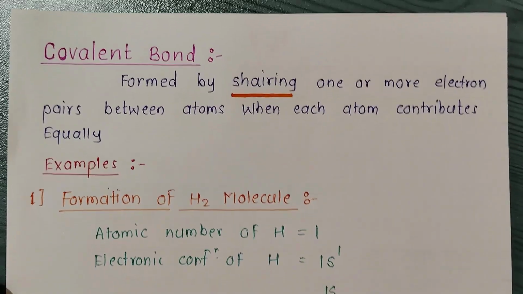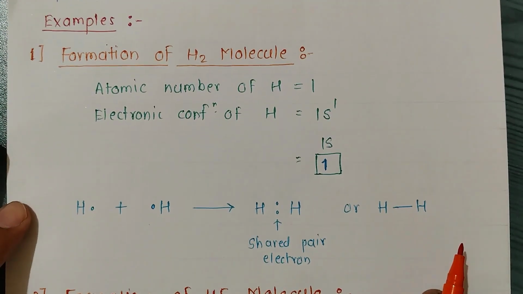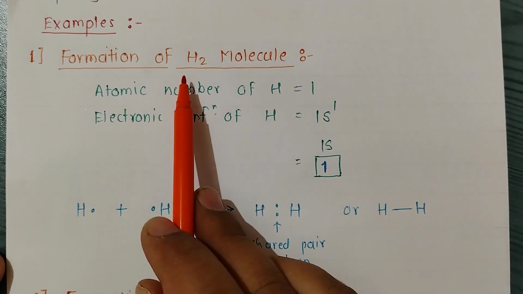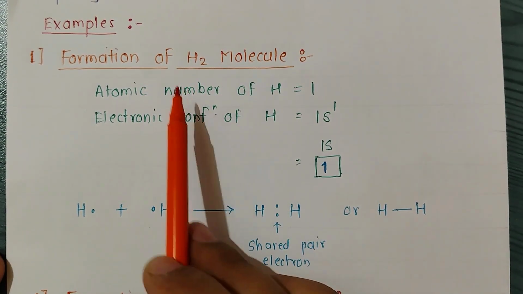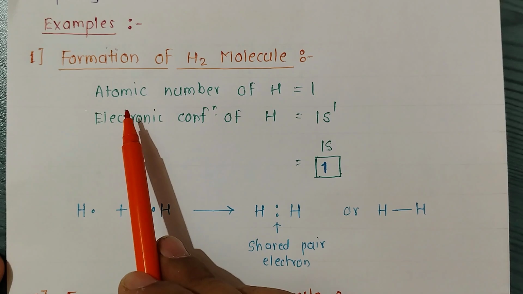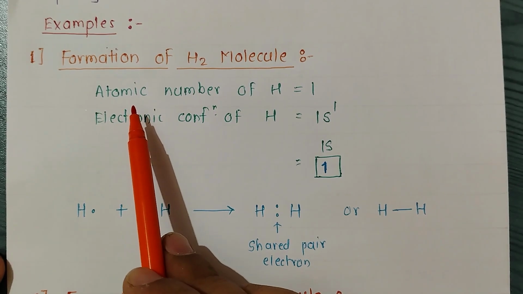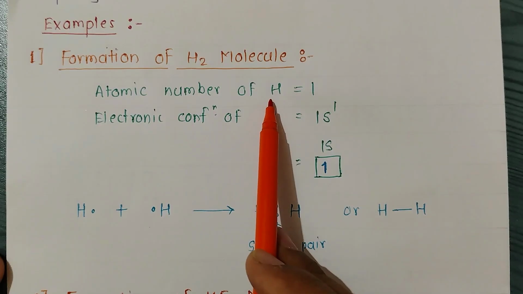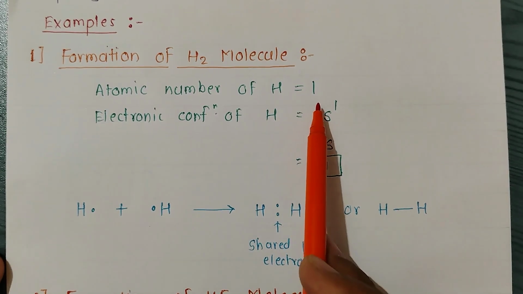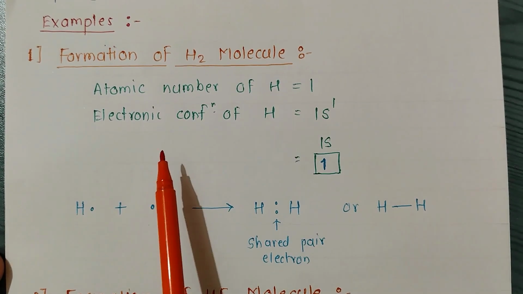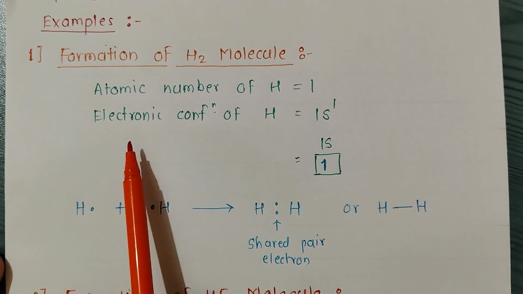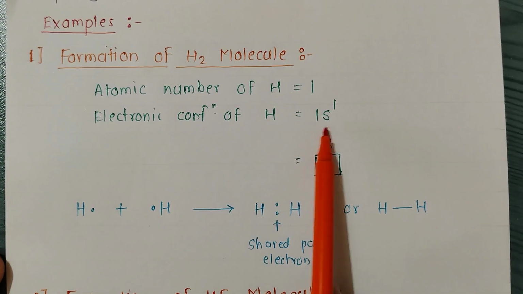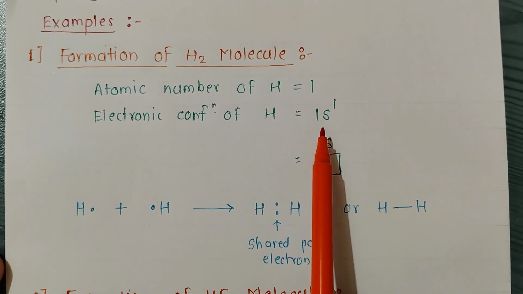So here we will understand this with an example, the formation of the H2 molecule. How is the hydrogen molecule formed? To understand this, we must know the atomic number of hydrogen. As we know, the atomic number of hydrogen is 1. So when we write the electronic configuration of hydrogen, it is 1s1.